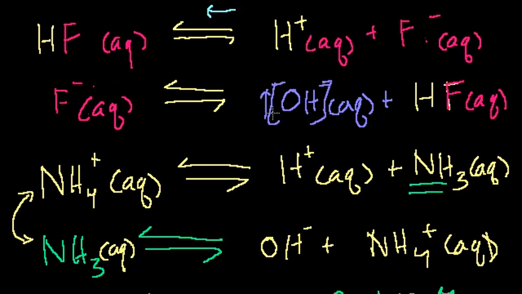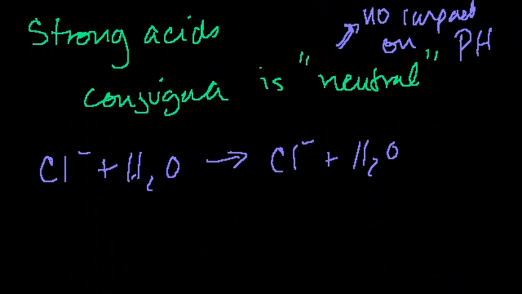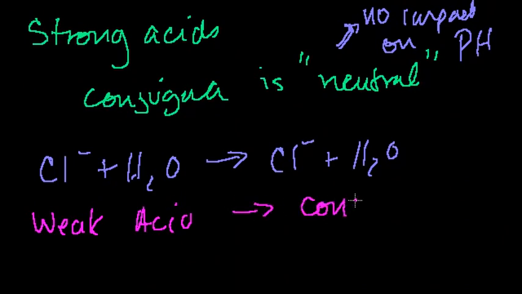So it is making the solution more basic. It's increasing the pH of the solution. So whenever you have a weak acid, its conjugate base will be a weak base.